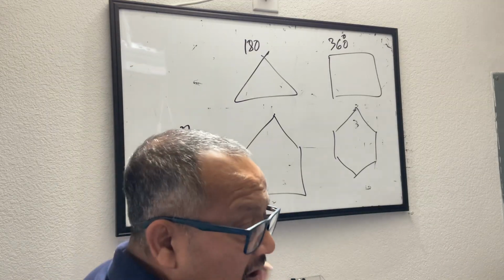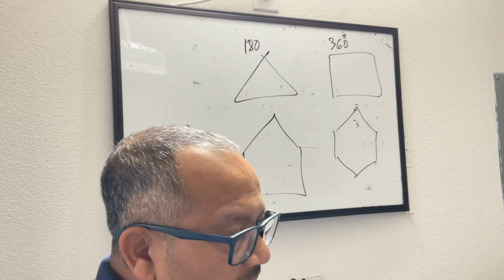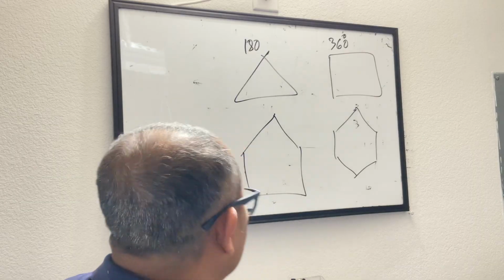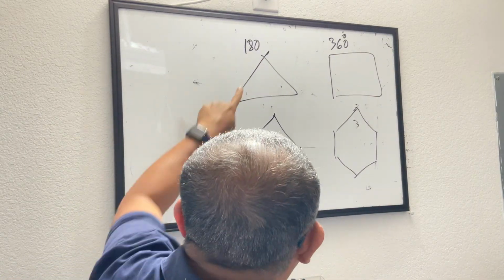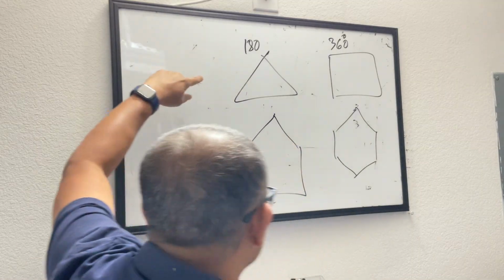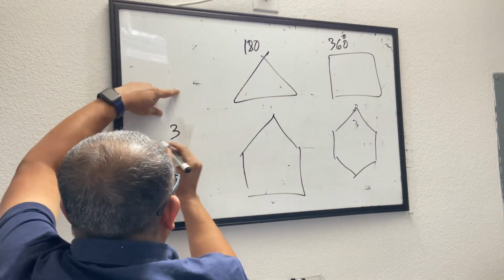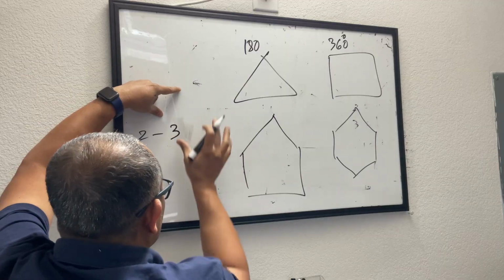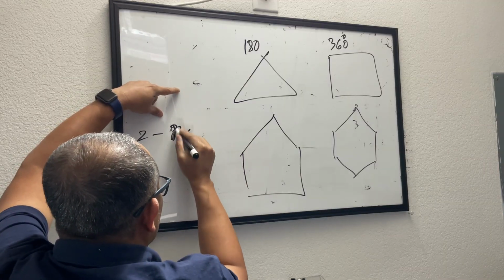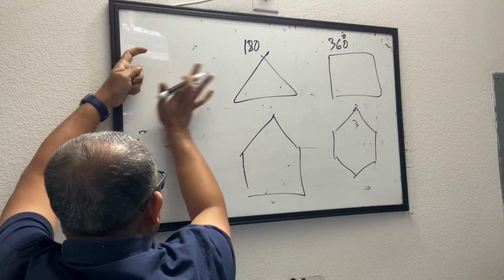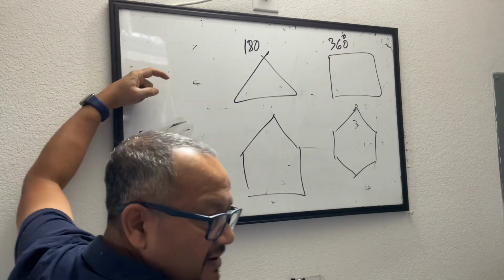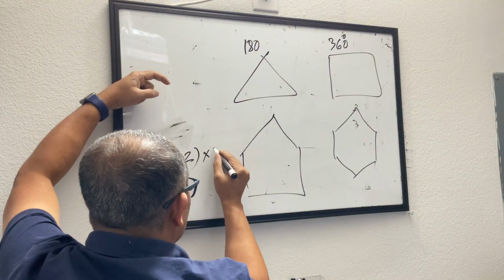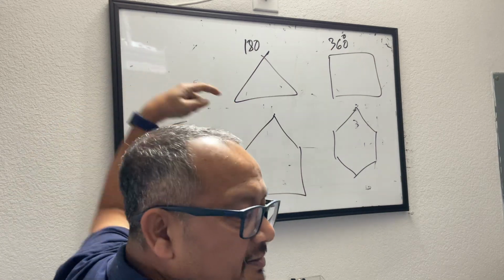Say one more time. Number of sides minus 2, and then with that number you multiply by 180. Yeah, then this is right.